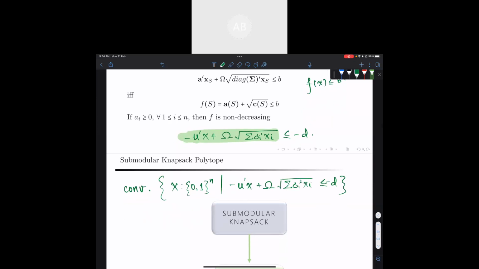Do you guys agree? I mean, clearly there is some nonlinearity happening here.